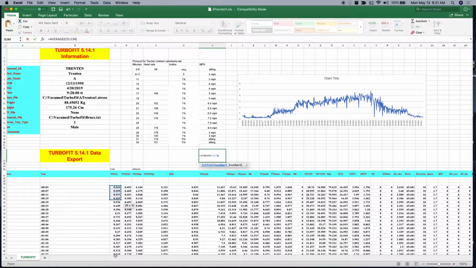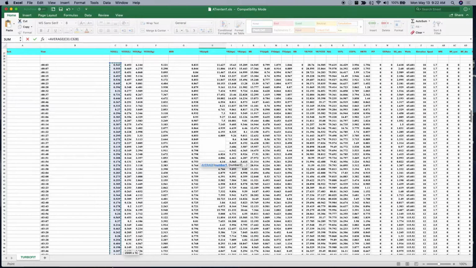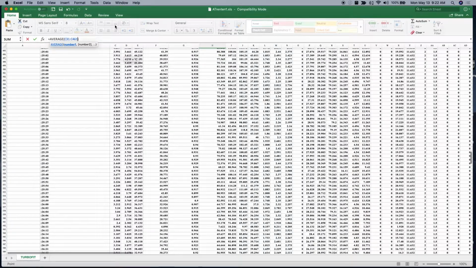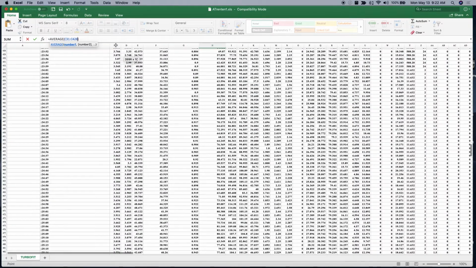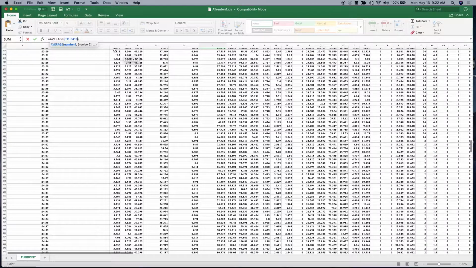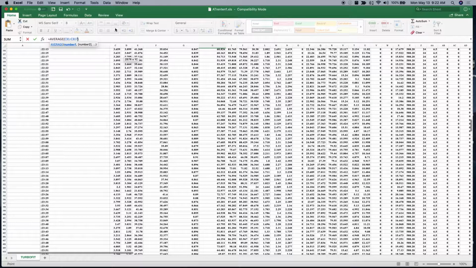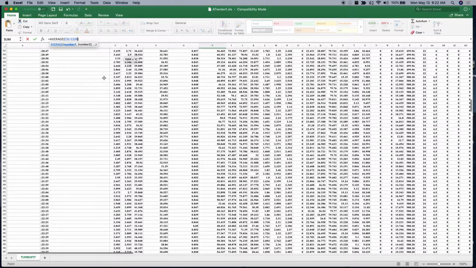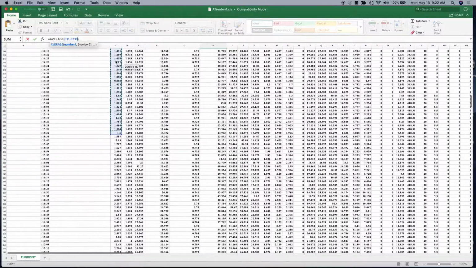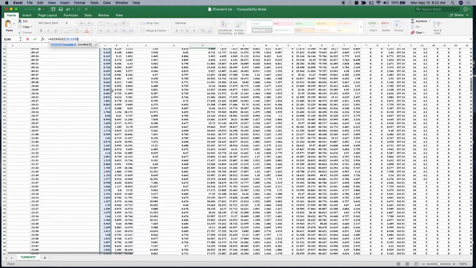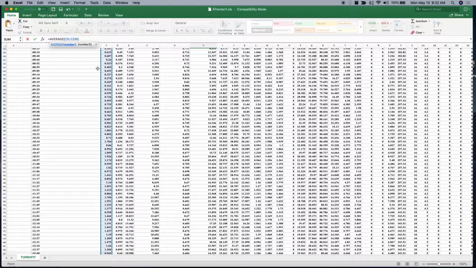And then I would highlight this entire thing, it's easier to go to 9 and then go up from there.